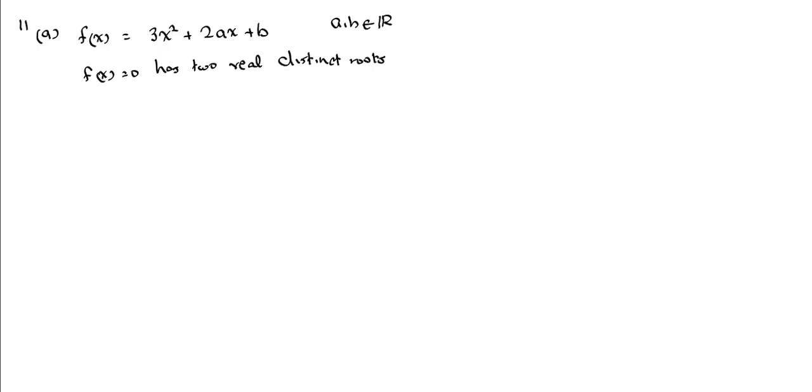If a quadratic has two distinct real roots, the deduction you can take from that is the discriminant is positive. They are asking us to prove that a squared is greater than 3b. So the discriminant is positive. Discriminant means b squared minus 4ac on the general formula. So here, (2a) squared minus 4ac is greater than 0.